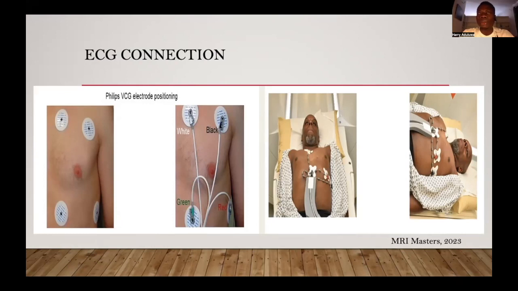That gives you the opportunity to run some of these sequences on free breathing, and then you can do what you want to do. Don't bother about the connection of the ECG on the patient's body. When they supply your machines to you, maybe the GE, the Siemens, the Philips, and so on, it comes with a manual, and they will be able to tell you that this is the way we connect our own. What you can see on the system here is basically for Philips and basically for GE.